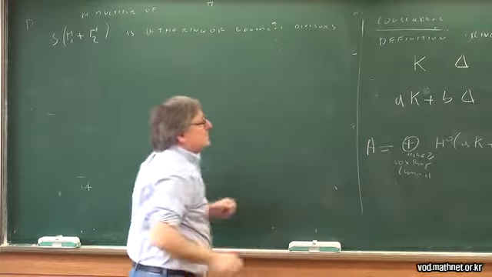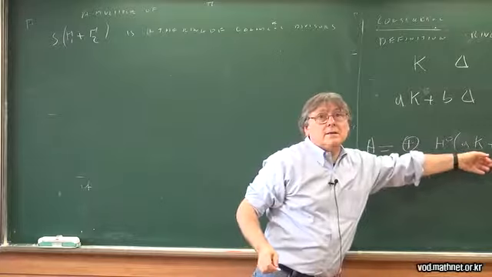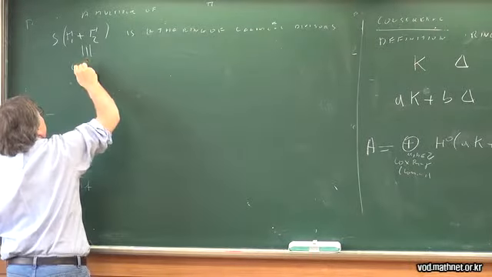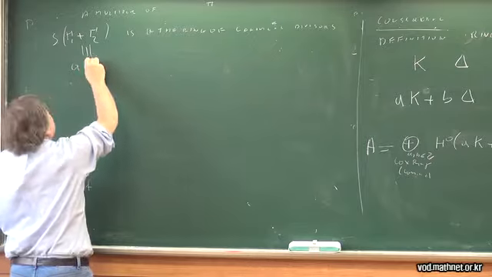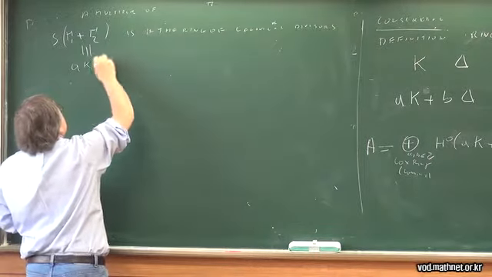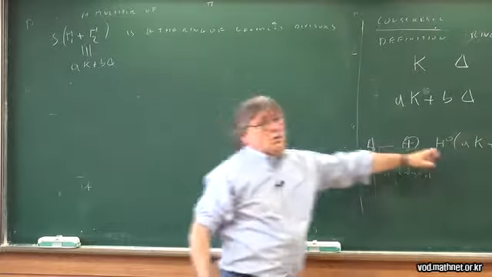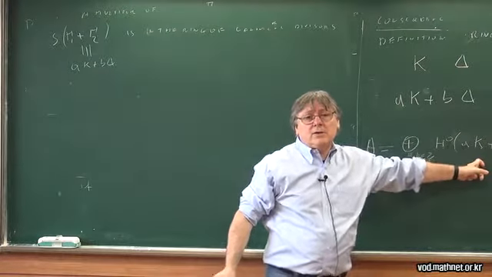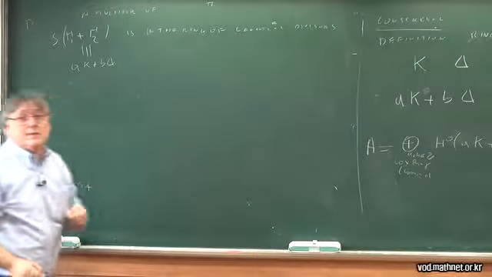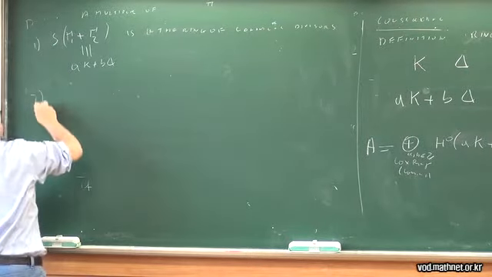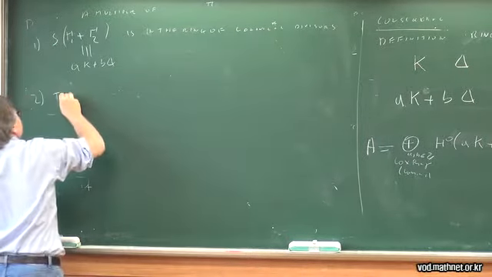It means that it is linearly equivalent to a k plus b delta. So we find one semi-ample divisor here. There is another semi-ample divisor.